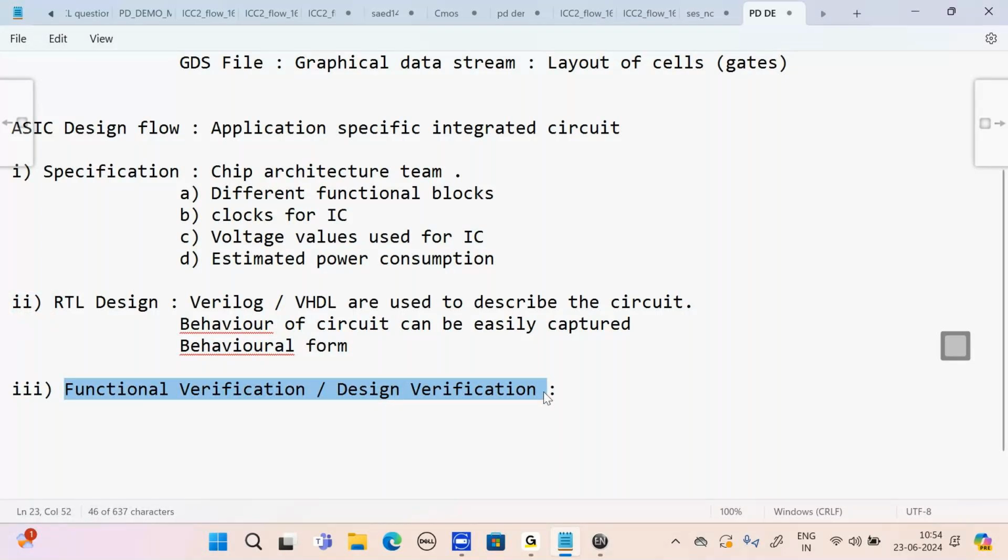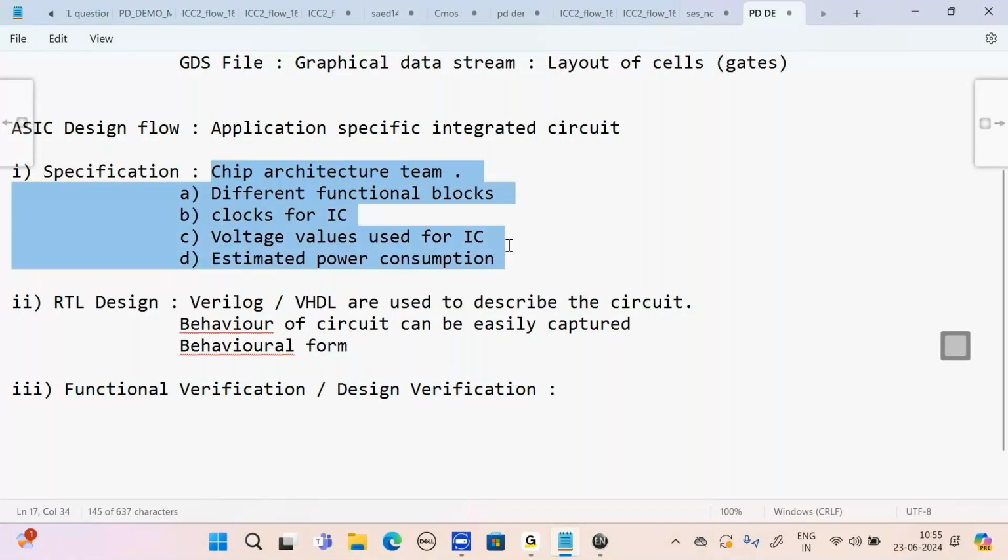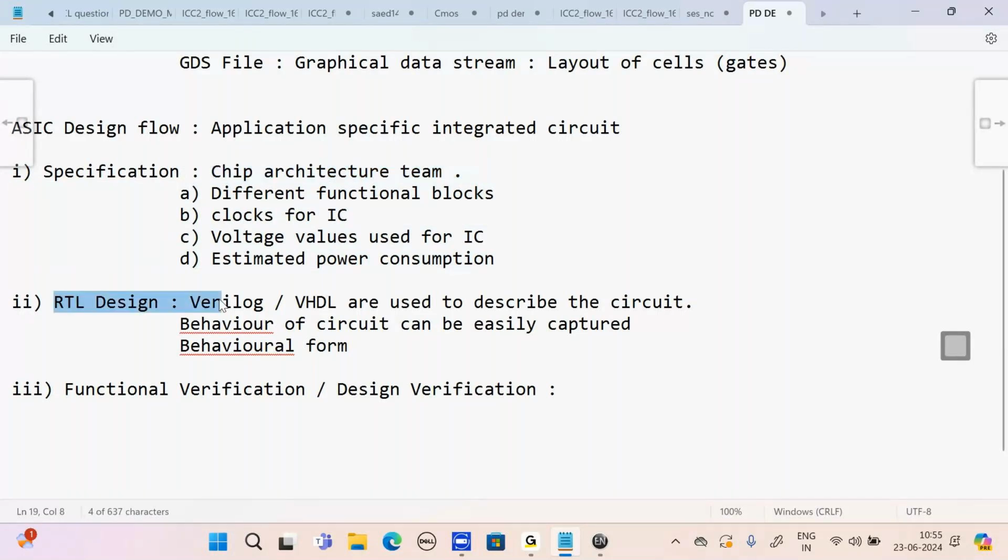One engineer will not do this entire thing. The chip architecture team is not a separate course; you cannot learn it through a course. It can be learned only through experience. You can reach this position only through experience. But RTL designer is a separate course. To become an RTL designer, you have to learn Verilog, VHDL, and SystemVerilog, and how to use SystemVerilog.